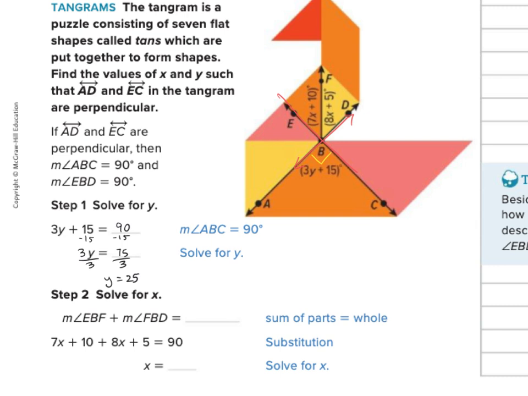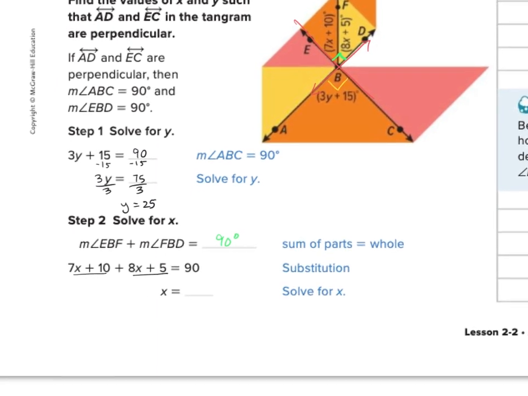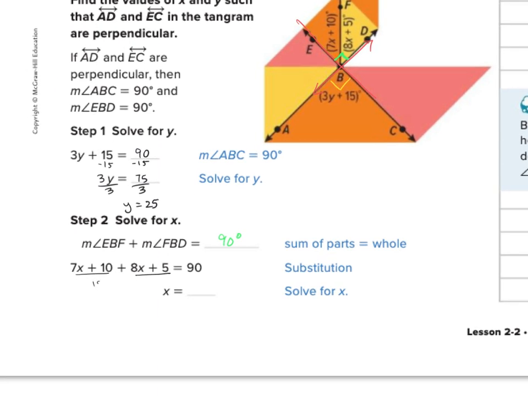In that case, vertical angles, I know then the sum of these two angles over here should add up to 90 degrees, because if they are intended to be right angles, then those two angles would be complementary, therefore they would add up to 90 degrees. So they should equal 90 degrees. Putting in substitution for those two angles, make it equal to 90, combine like terms, I get 15x plus 15 is equal to 90.